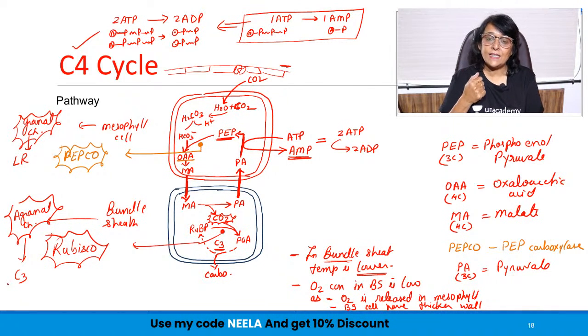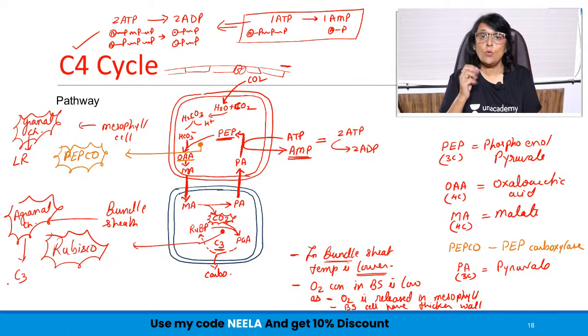So some plants show adaptations to avoid photorespiration. What are the adaptations? Two. One, they show Kranz anatomy. Kranz anatomy means the bundle sheath cells are arranged in a wreath-like, ring-like manner, and they are slightly thick-walled. Two, they have dimorphic chloroplasts, granal and agranal.